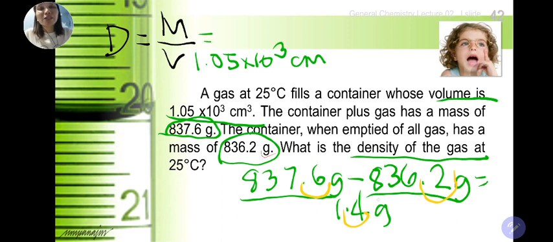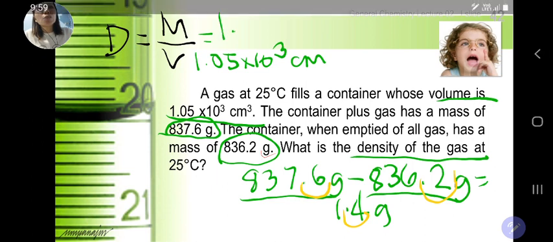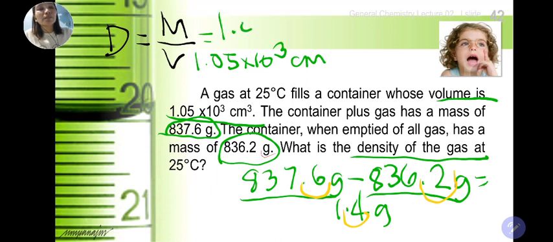So, this is the mass of our gas, which is 1.4 grams. So, to get our density, we have 1.4 grams divided by 1.05 times 10 to the third centimeter cube. Okay?